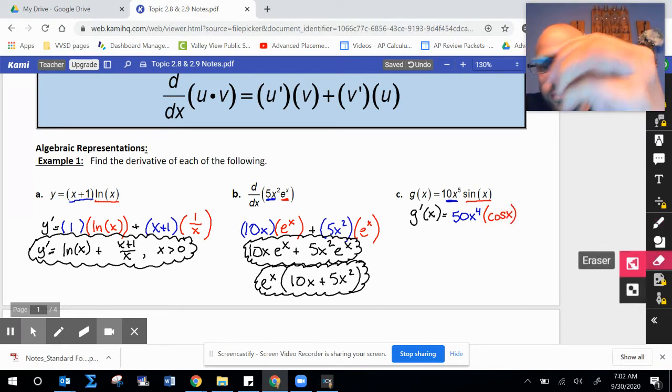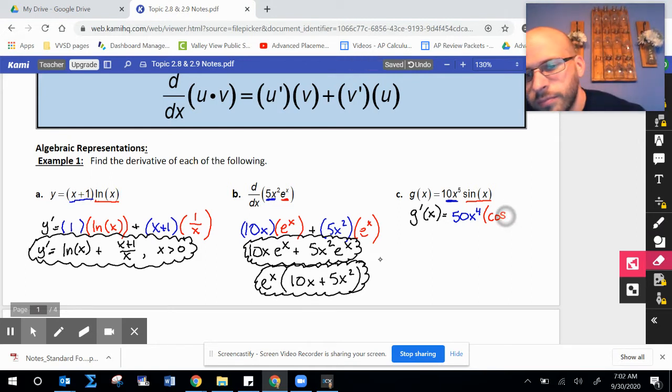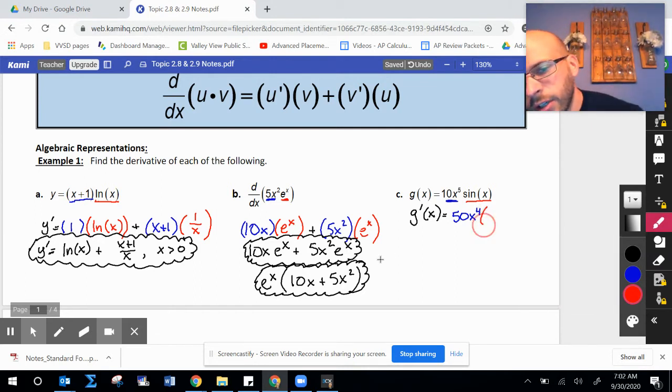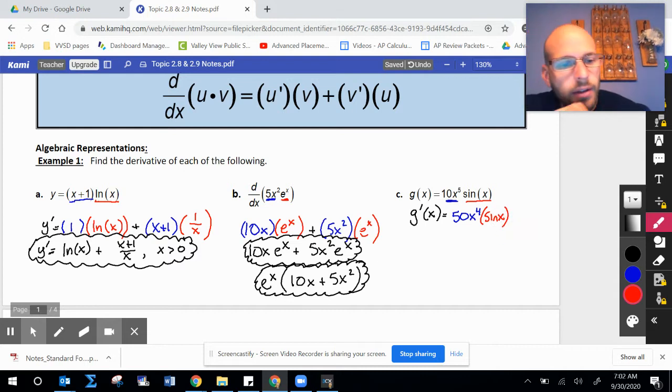Oh, hold on, I did too much. We don't take the derivative of the second piece. We only take the derivative of the first to start. So this should still stay sine of x. Then I'm going to do plus.